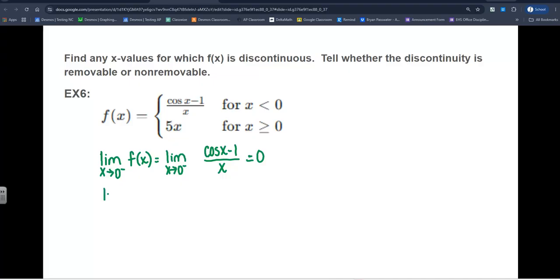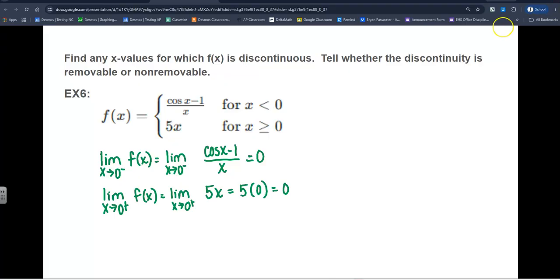If I do the limit as x approaches 0 from the right of f of x, this one will be much easier. Of 5x. That's going to be 5 times 0, and that is going to be 0.